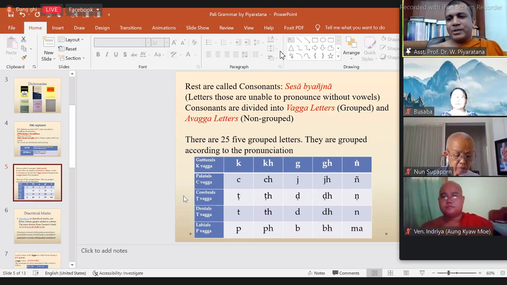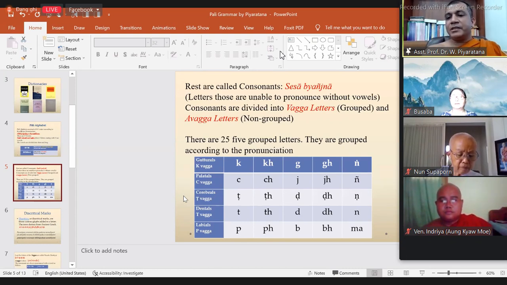You take some words to remind you how the letter is pronounced. Otherwise, if you forget those words, you just take the first letter: ka.